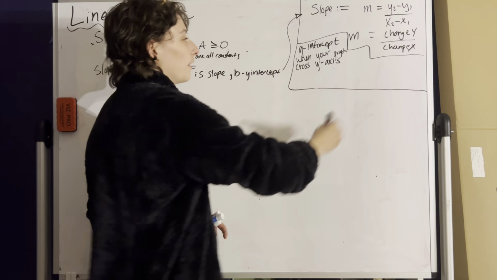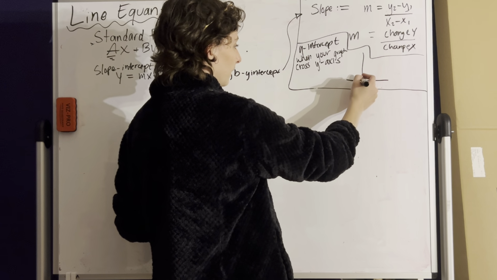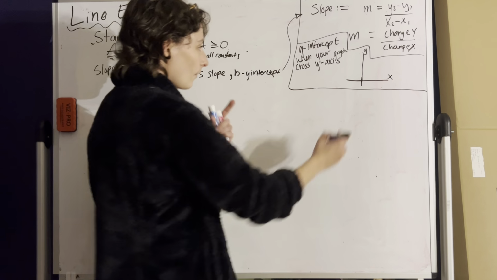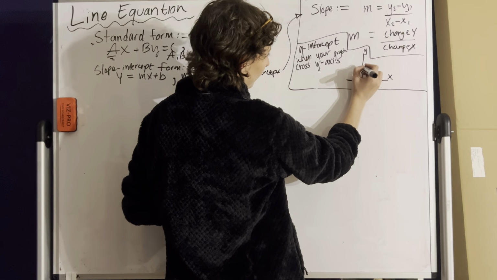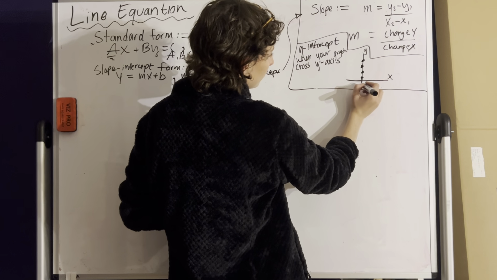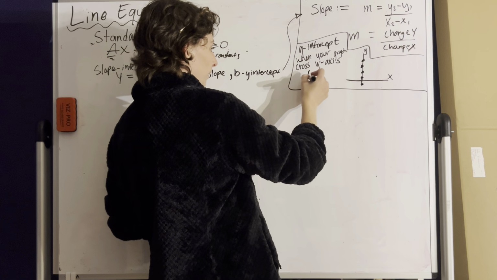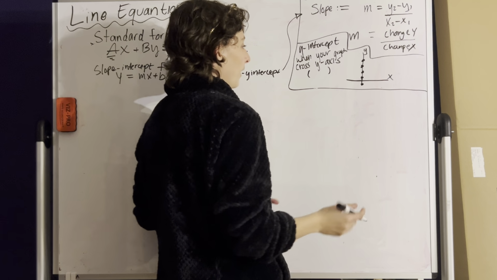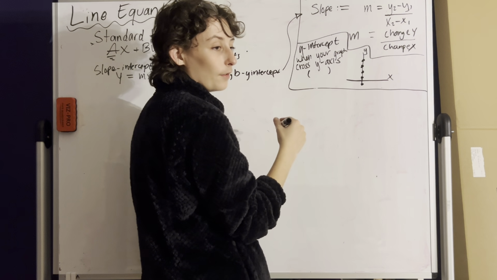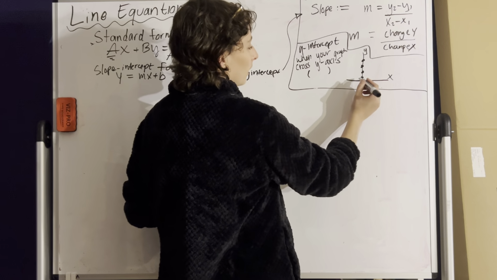So let's think about that a little bit. If I have my axes here, x and y, any point I have on the y-axis is interesting because we know something about it. When you're graphing, usually we start at the origin and move in the x direction first and then y.